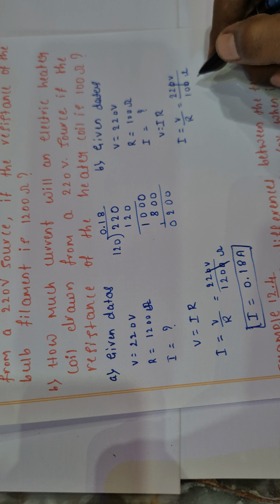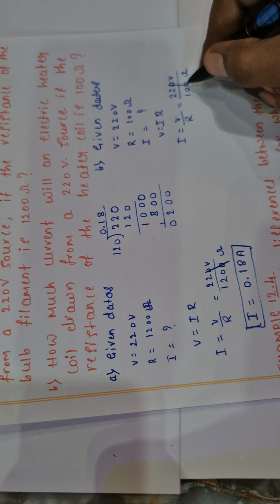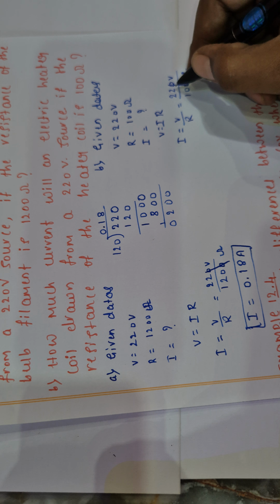1 0 and 1 0 cancel. Again we have to do the same thing, or we can divide directly. 22 divided by 10: 10 twos are 20, and the remainder is 2.